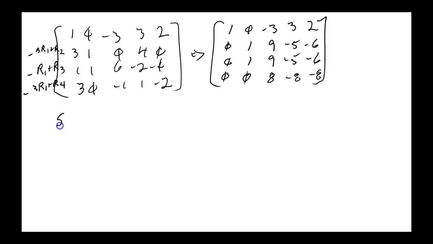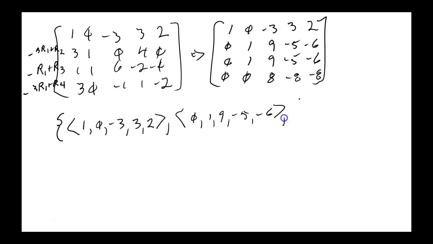Here's what it would be: 1 0 negative 3 3 2, and you can leave it as 0 1 9 minus 5 minus 6, and what would be your last one? 0 0 1 negative 1 negative 1. Got it. You could have the bigger thing, but why? That would be the basis for that.